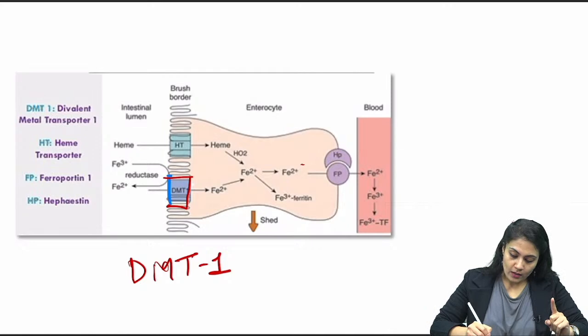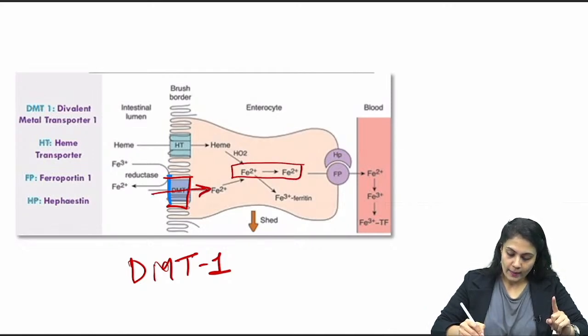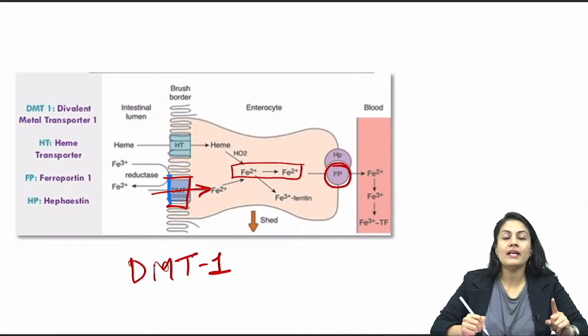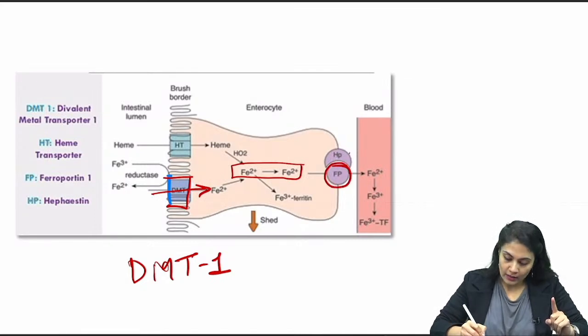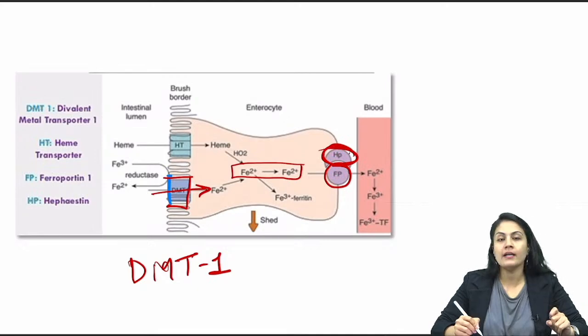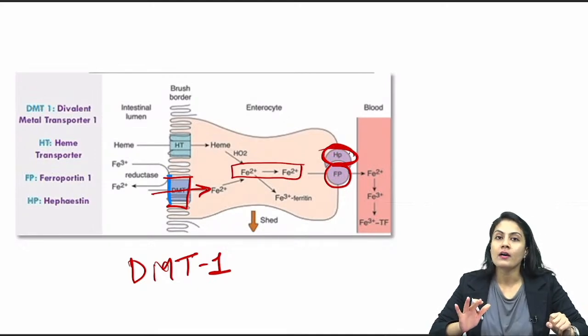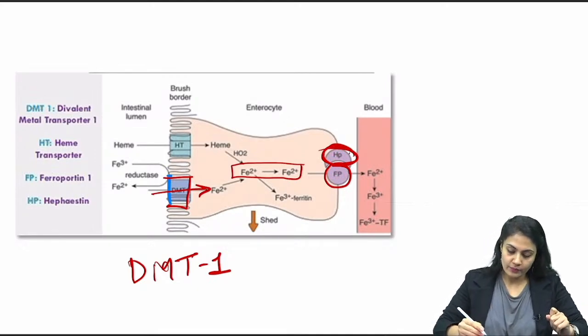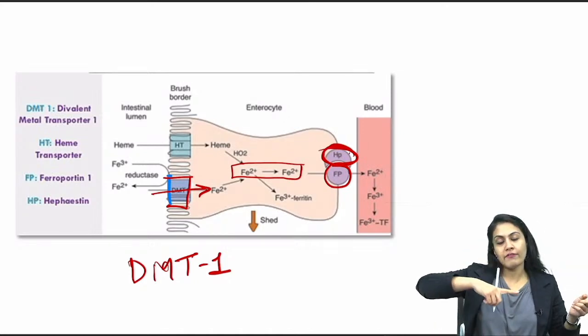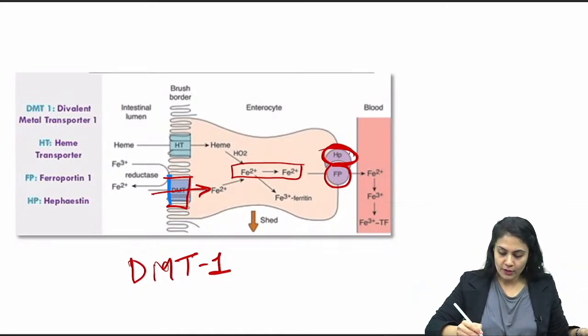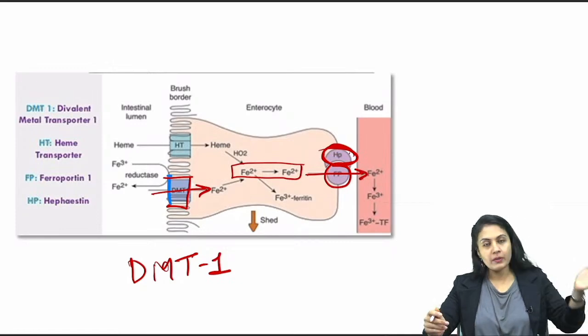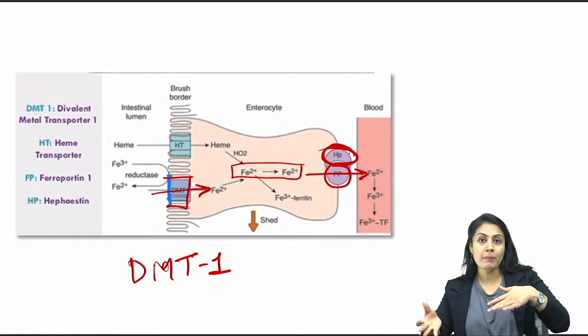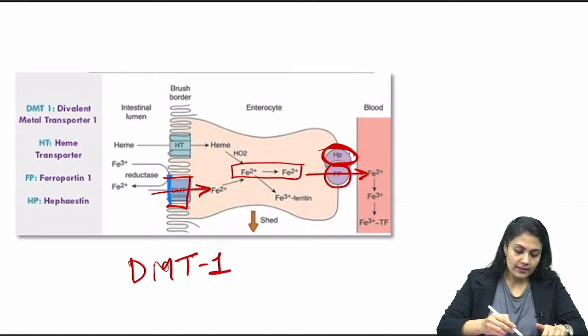Over here the iron is going to get absorbed via DMT1, but on the basal side we are going to have ferroportin, and to help that ferroportin we have the hephaestin there, which will convert the Fe3+ into Fe2+ so that it can cross the membrane.